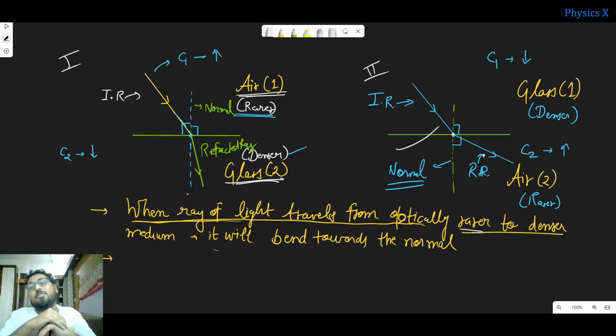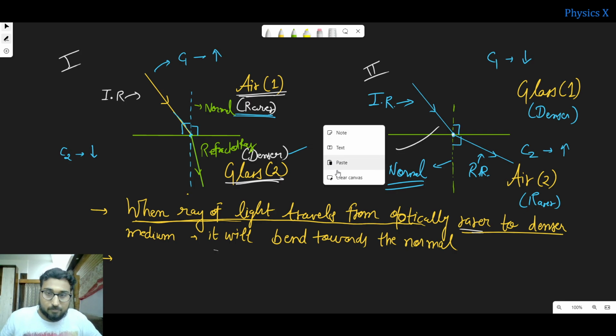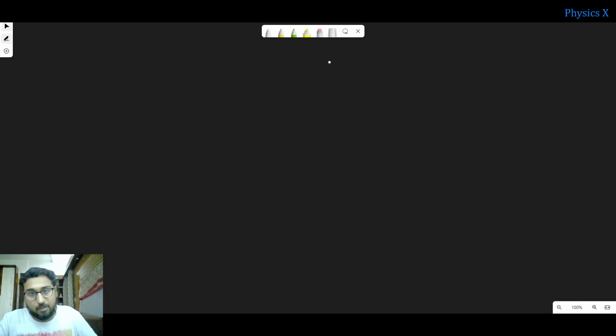Now there are certain cases which we observe in daily life. Suppose there is a container kept like this, and we have some object here, say a coin. This coin is here, and the container is now filled with water.